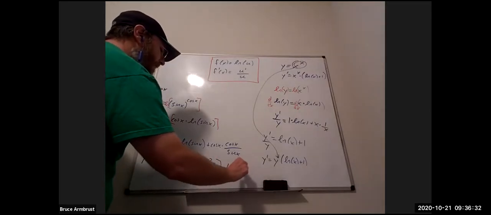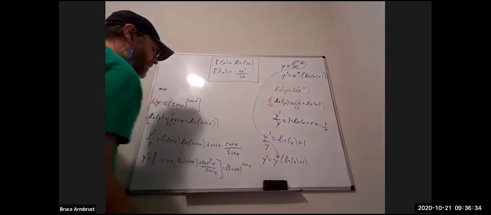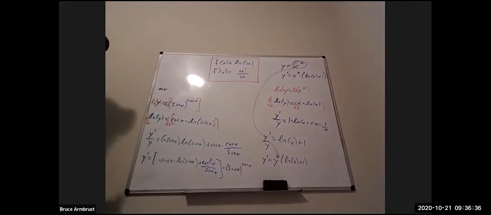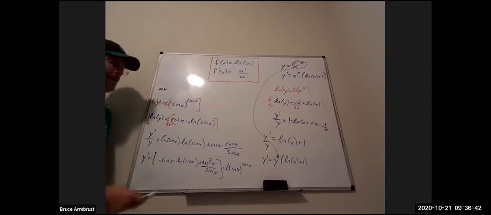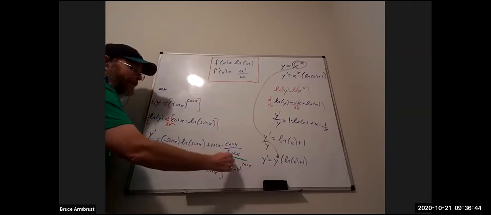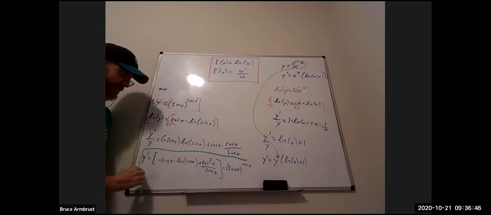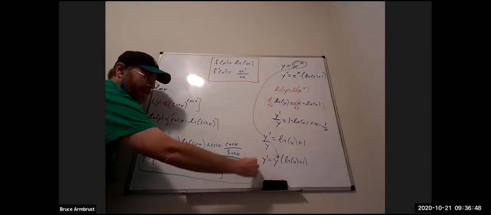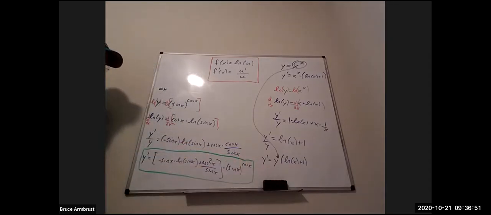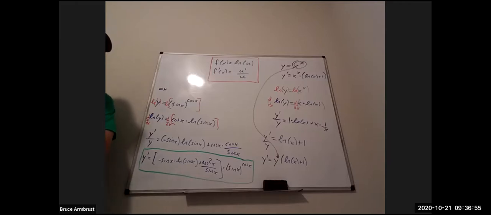That was sine of x raised to the cosine of x. So not pretty at all. I'm not even going to pretend. But that there in the green box is the derivative of sine of x raised to the cosine of x.